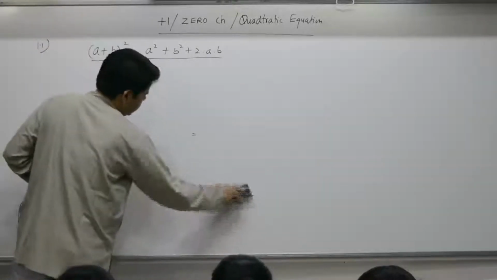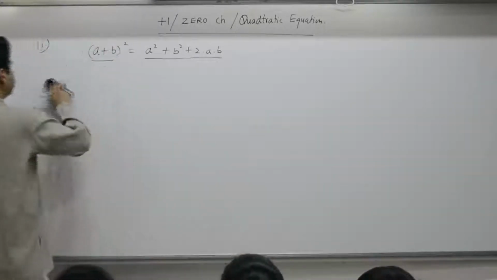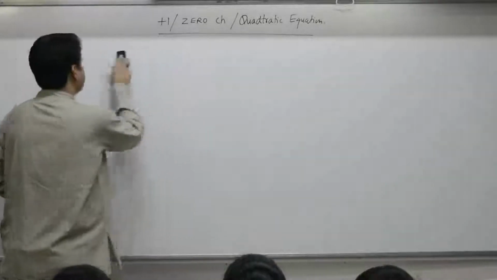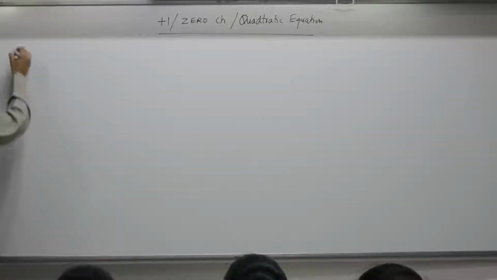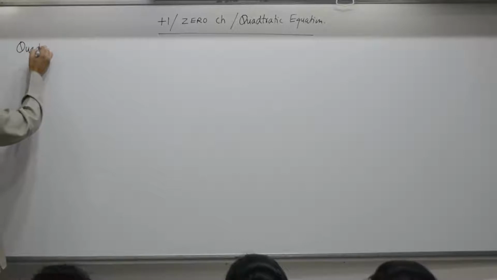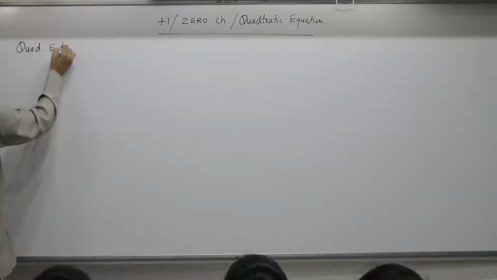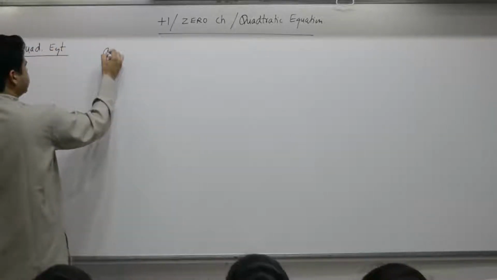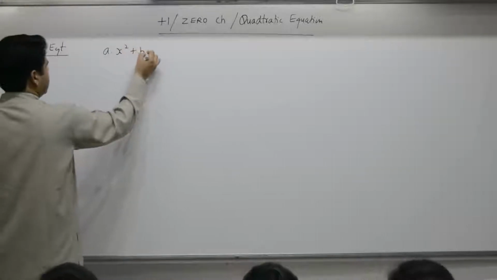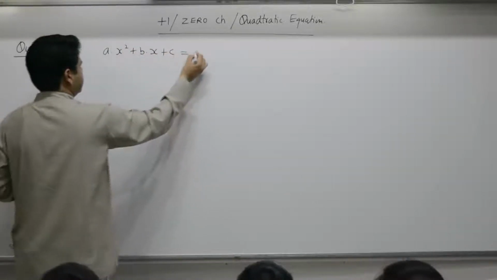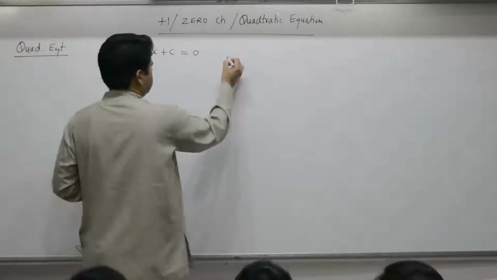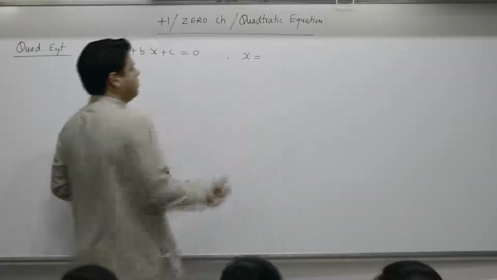Second part is quadratic equation. Ax square plus bx plus c is equal to 0, then x is equal to what? बोलो.